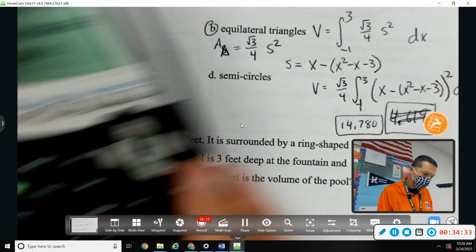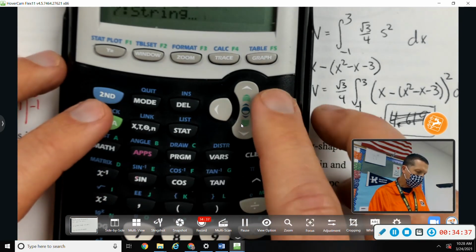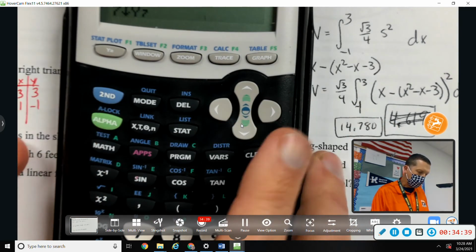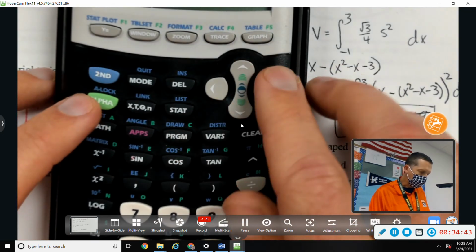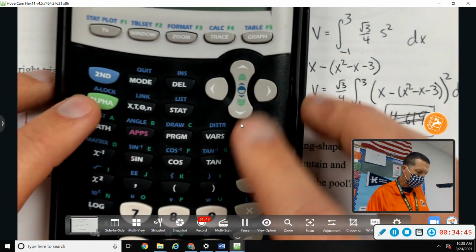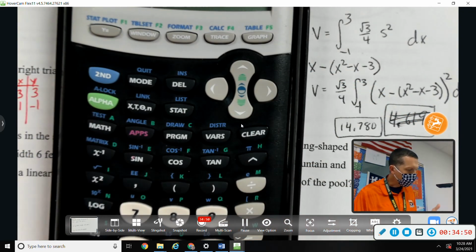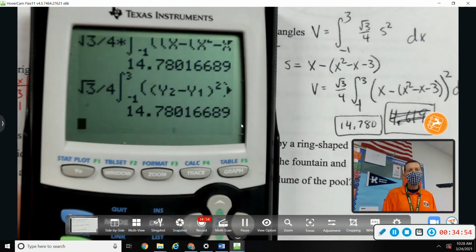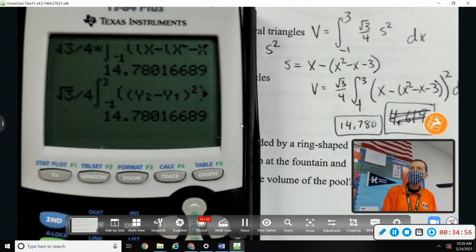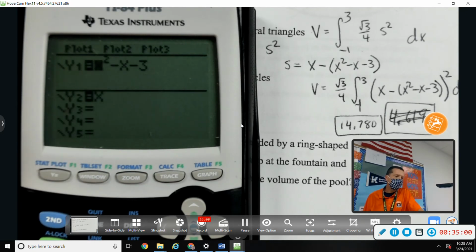Nope, y2 minus y1 squared. So extra parentheses, bars y2 minus bars y1, close parentheses squared, dx. That should give me the same answer. Oh, put it where you can see it. Yeah, it did. So if you like using the y-var thing, you can. Especially if you've already typed it in the calculator to see what the base looks like.